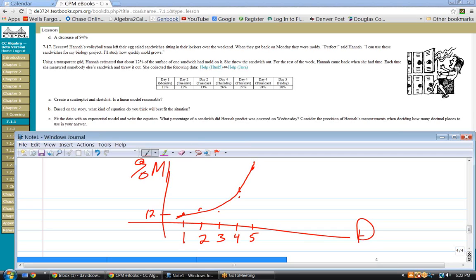So when you have a scatter plot, the only reason I know that it's exponential, other than actually plotting it and drawing my best fit line through it, is that it looks like y equals b to the x. That's what we've been looking at all day today, curves that go low to high, or if b is less than 1, it would go like that. But in this case, obviously, there's growth going on.